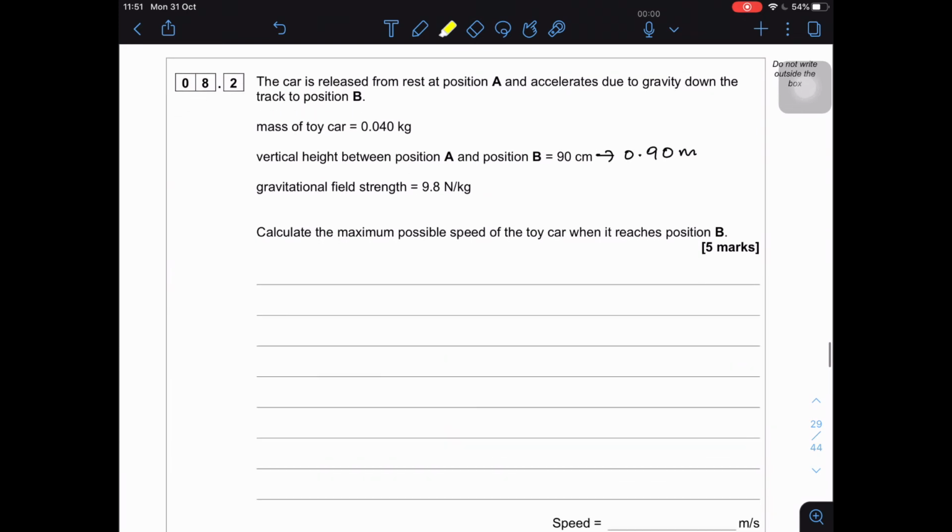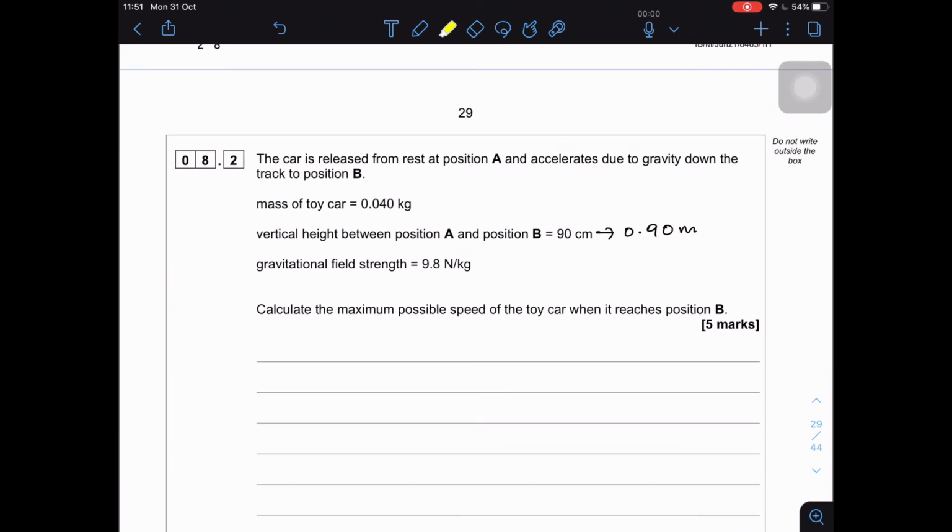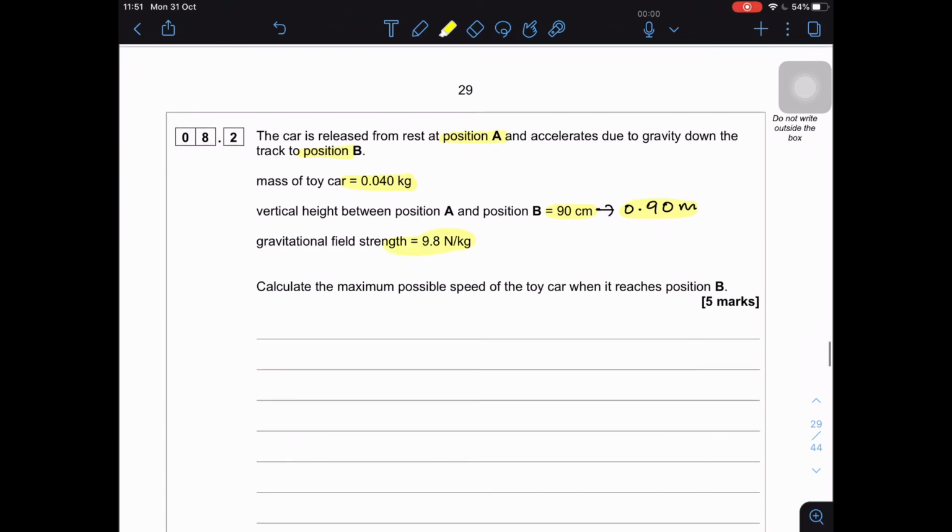All right. The next one: a car is released from rest at position A and accelerates due to gravity to position B. The mass of the toy car is 0.04. The height between position A and B is 90 centimeters, which we can convert into 0.9 meters. The gravitational field strength is 9.8.